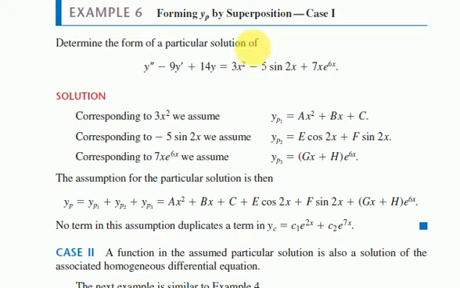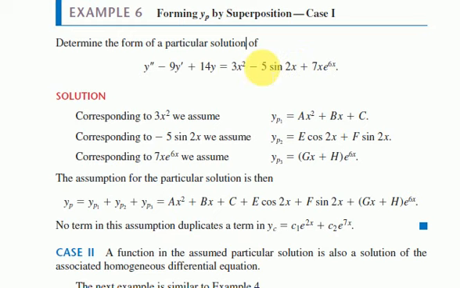For the particular solution, the first step is to check what kind of g of x, or right hand side function, it is. If it's sine, if it's an x term, if it's exponential, or if it is a combination of these all. This is x square, meaning a quadratic term, this is a sine function, this is an exponential function.